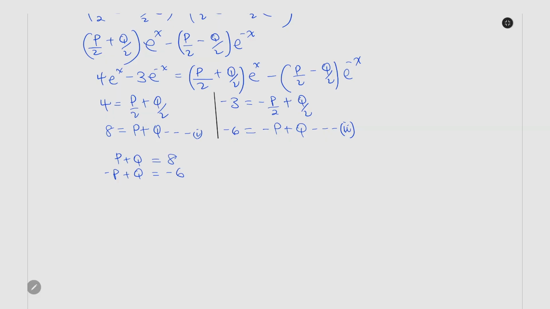If I choose to add them, p plus minus p is 0, q plus q is 2q, 8 plus minus 6 is 2, so that q is 1. And of course, when I have q as 1, p will automatically be 7 from equation 1. So p is 7. And there it is.